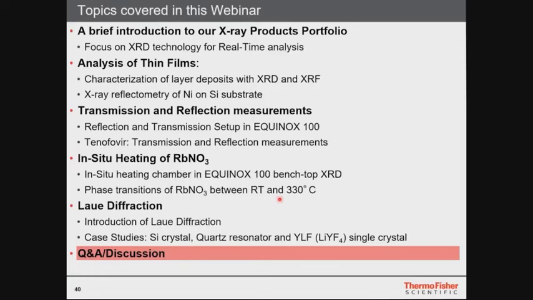In principle, yes. It depends on which range of 2 theta angles are necessary to be reached, because we are not offering SAXS, so small angle X-ray scattering instruments. Our measurement range is, depending on the instrument, limited to something like maybe 0.5 degrees 2 theta.